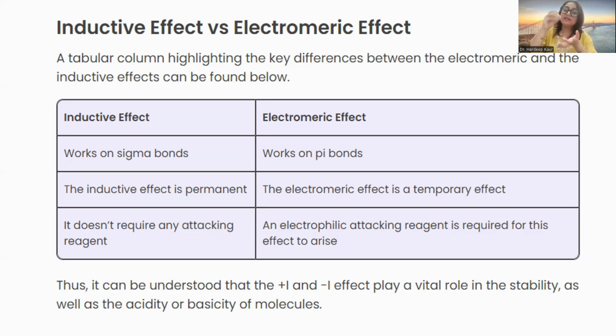Why? Because only if the attacking reagent is there can the electromeric effect be seen. The inductive effect doesn't require any attacking reagent, but the electromeric effect requires an attacking reagent for this effect to arise. Okay, so this is the main difference.